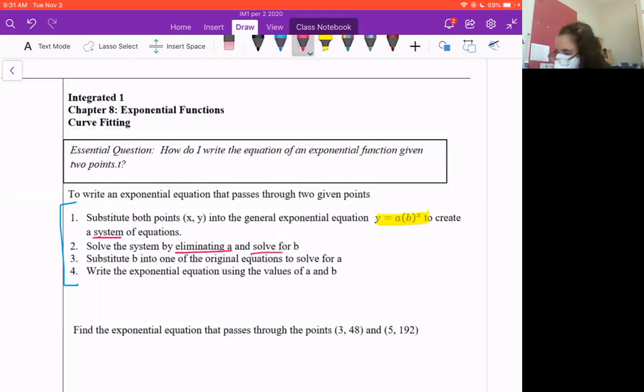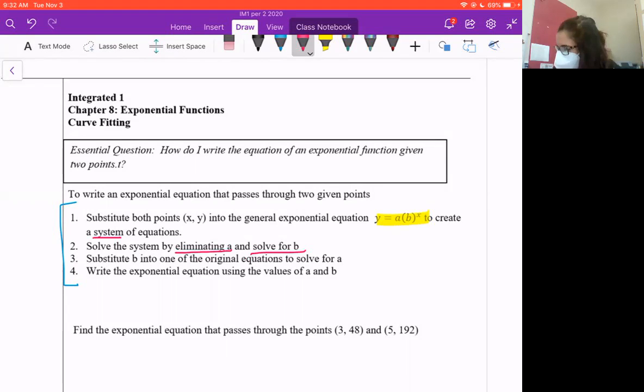And then you solve for B. Because if you eliminate A, you'll have the B left and you solve for B. And then once you have B, you're going to substitute that value B into one of the original equations, doesn't matter which one, and solve for A. And now you have A and you have B, and you write your exponential equation using your values of A and B. Okay?